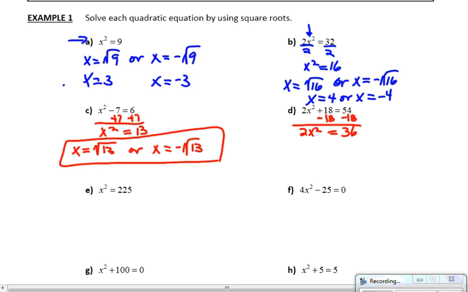Then I'm going to divide both sides by 2, and I get that x squared is equal to 18. Now I have it simplified, and it's in a position where I can take the square root of both sides, and I will get that x is equal to the square root of 18, or x is equal to the negative square root of 18.